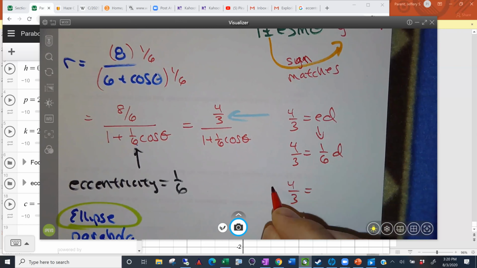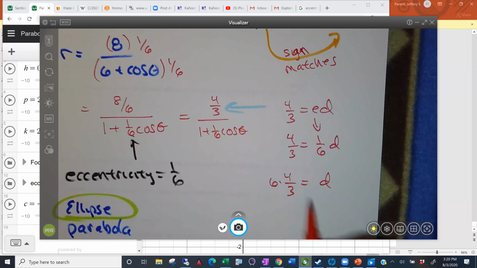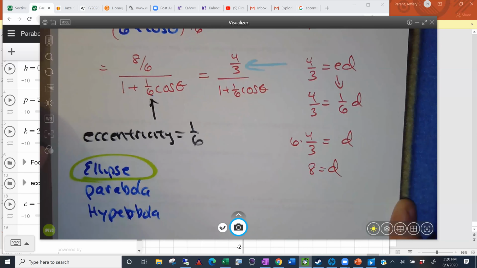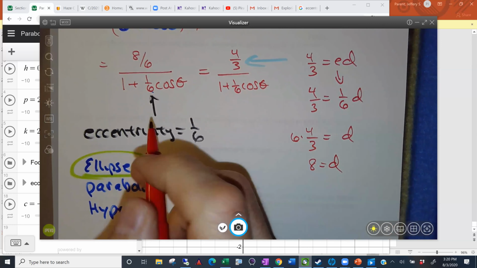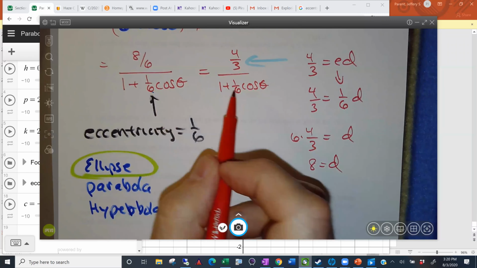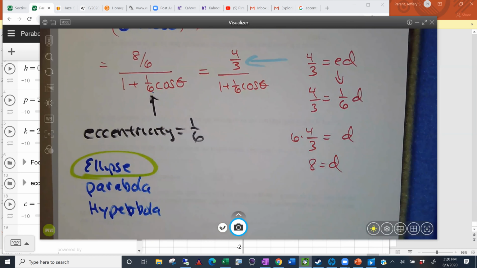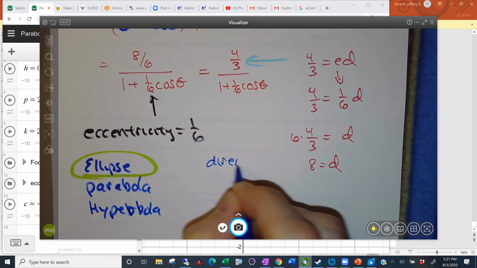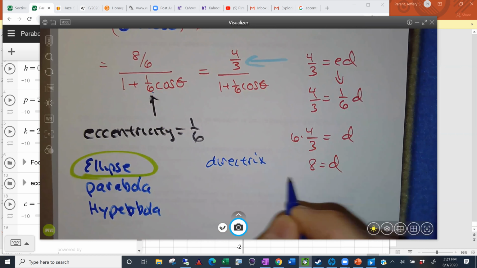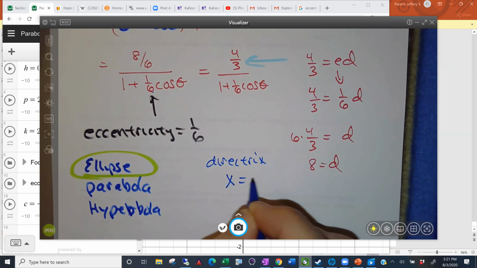Multiply both sides by the reciprocal, and I find that D equals 8. Now, because I've got a cosine here, in fact a plus cosine, together with that D, that tells me my directrix is x equals 8.